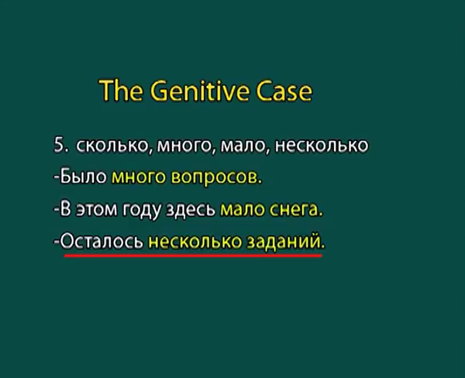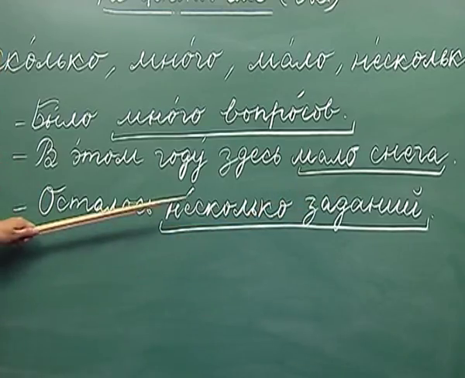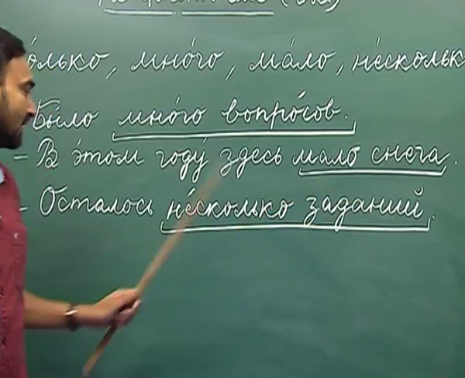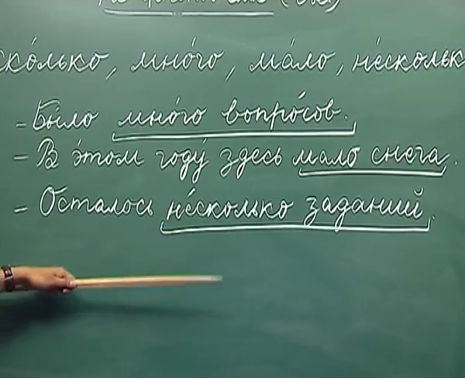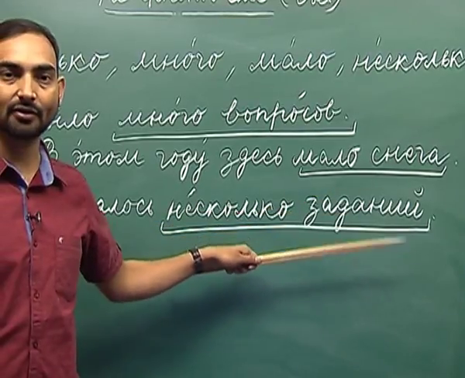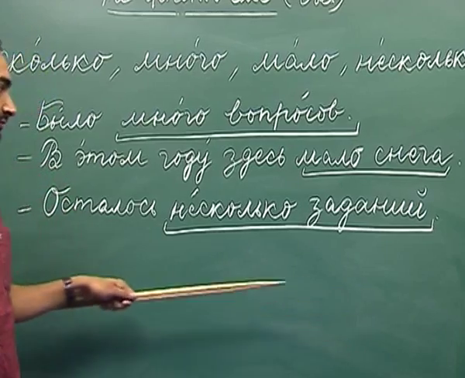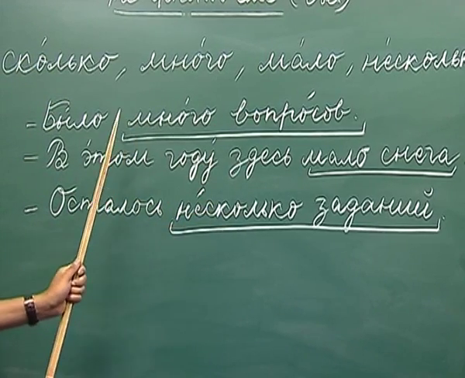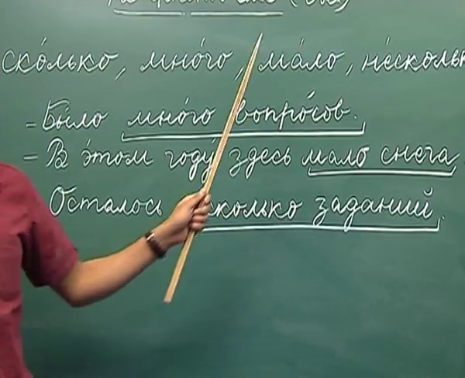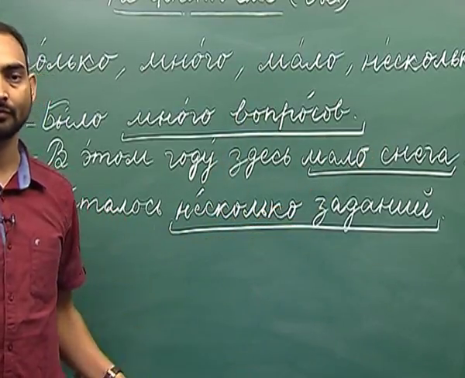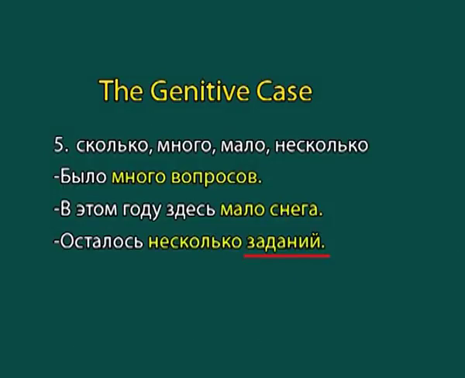Ostalos neskolko zadaniy. Ostatsya is to be left. So, there are several exercises or tasks left. So, here as you can see, after mnogo, malo, neskolko we have used the genitive case of nouns. Zadanie has become zadaniy, sneg has become snega and vopros has become voprosov.